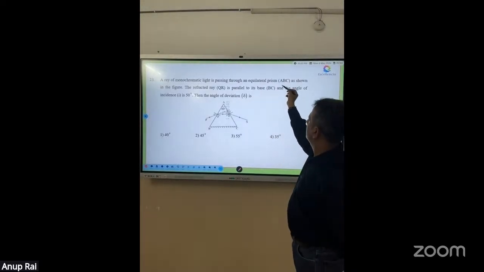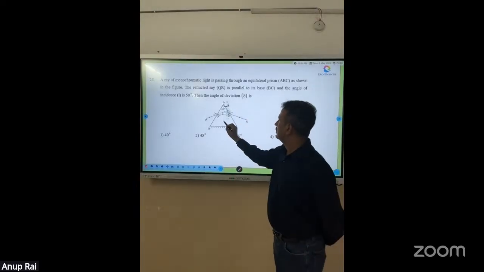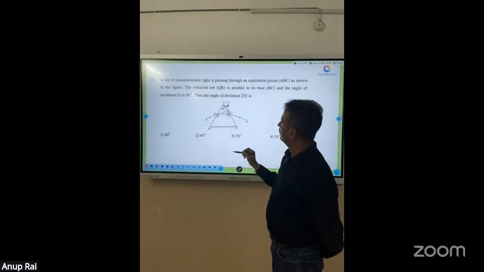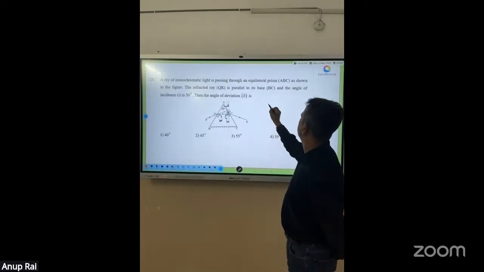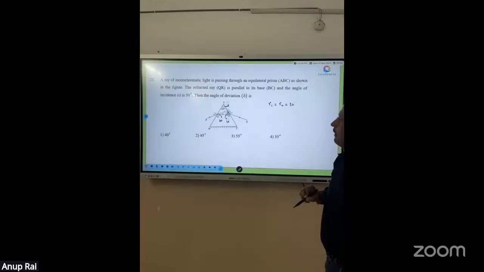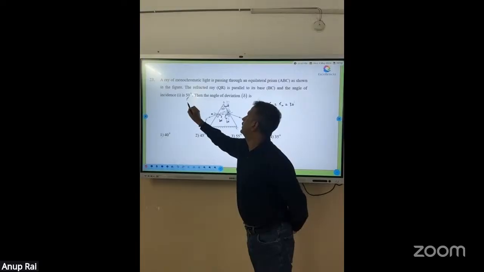The light is passing through this equilateral prism, so the prism angle is going to be 60 degree. It's given that QR is parallel to BC. Now, the normal makes this angle, and this angle is 60 degree, so this is going to be 30 degree. So I can say r1 is equal to r2, which is equal to 30 degree. The angle of incidence is given in the question, it is 50 degree.